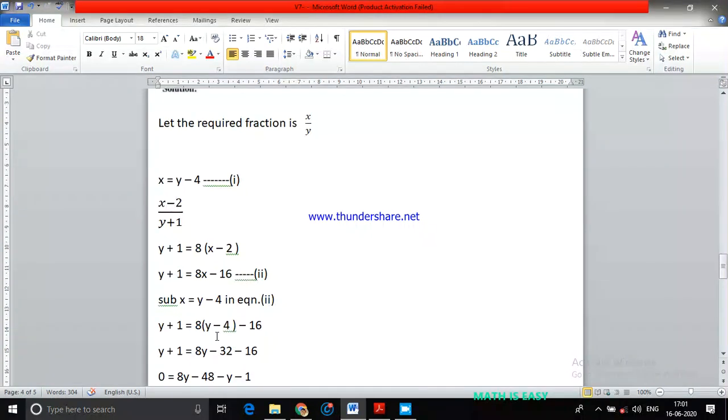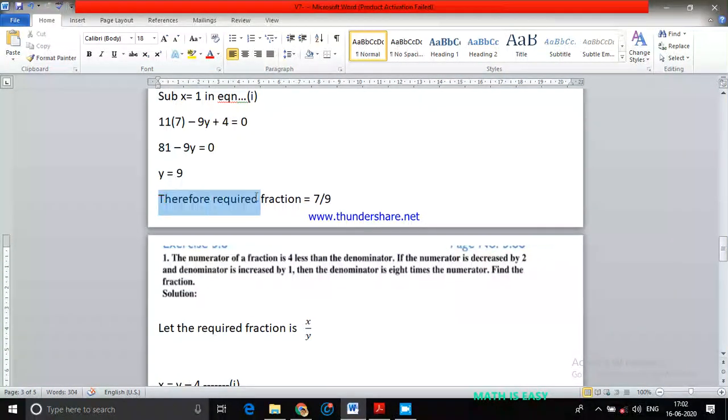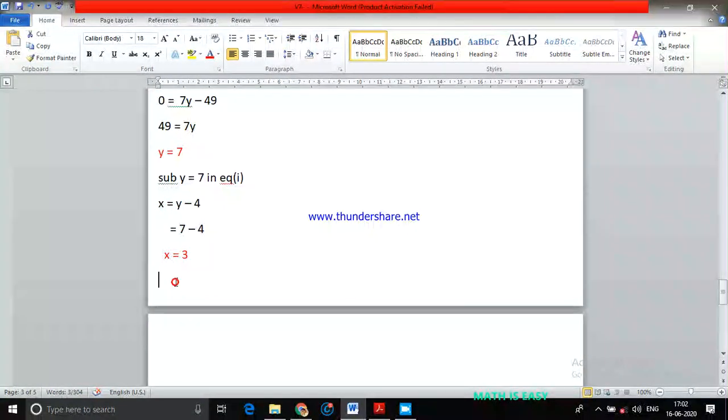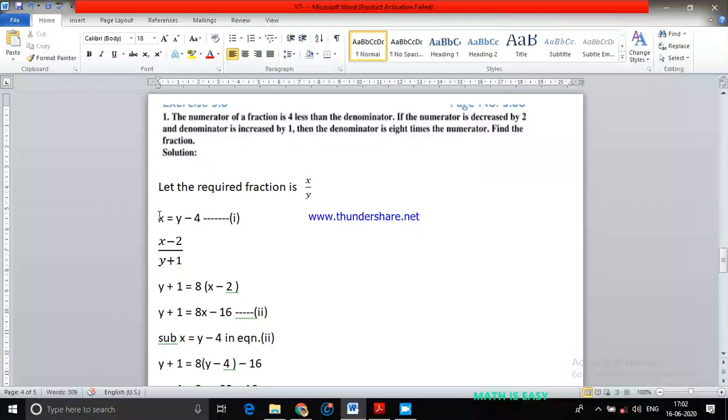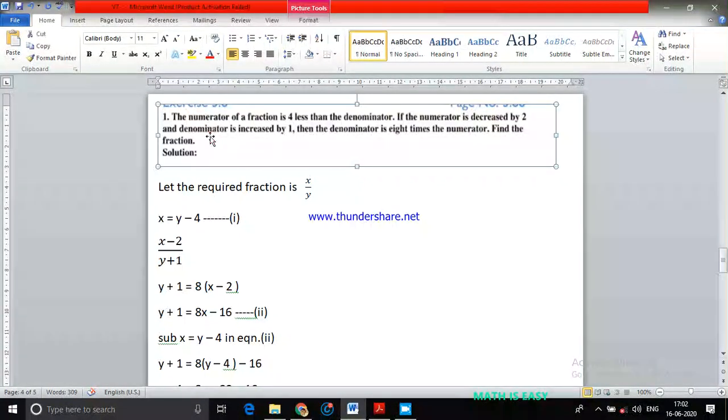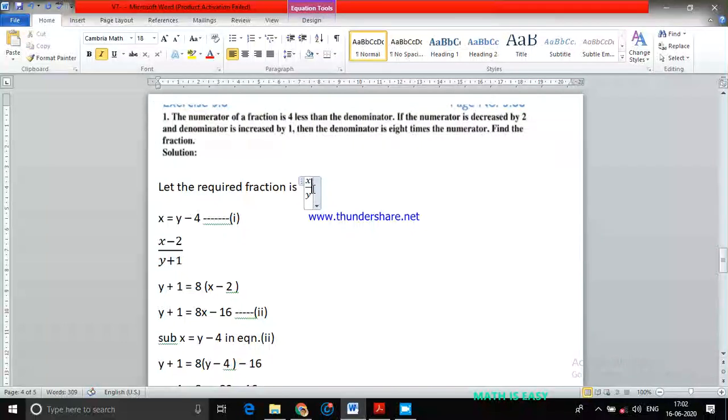Finally you have to write one more conclusion step. Therefore the required fraction equals x upon y, right? So that will be 3 upon 7. Is it done? Here especially making the equation is a little bit confusing, but keep practicing, then you'll understand. In any fraction question, our required fraction is x upon y only.